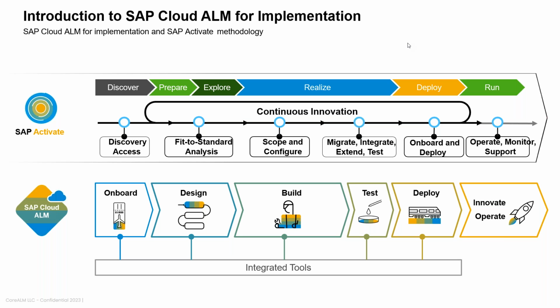Primarily in discover, SAP will offer different accelerators for you to jumpstart. For example, if you are delivering an S/4HANA project, it also helps you with your fit-to-standard workshops, which will be within your explore phase. SAP will offer some accelerators such as best practices with different content that you can utilize to be able to execute these projects.